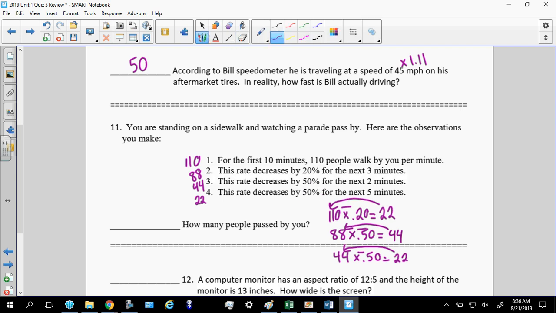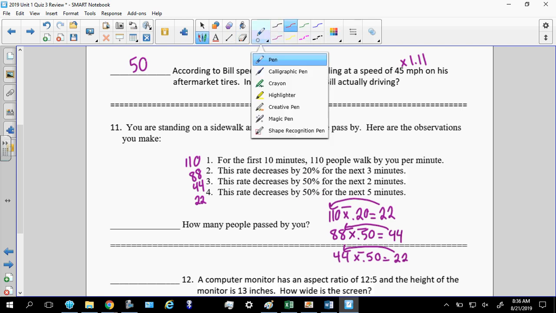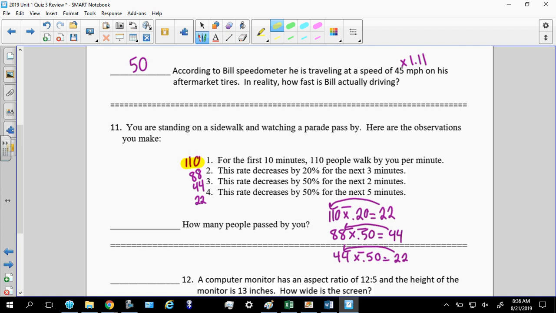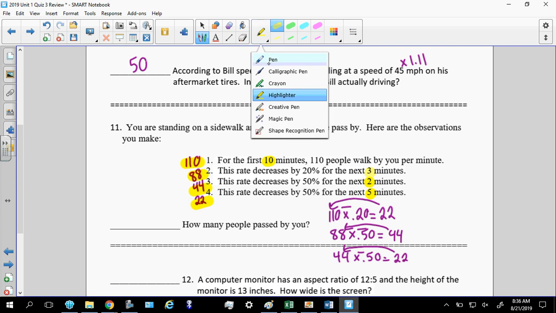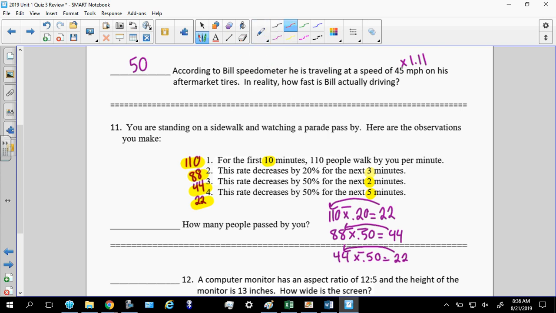I'm going to take 110 times 10, 88 times 3, 44 times 2, and 22 times 5. When I get all those numbers, 1,100, 264, 88, and 110, add them all up, and you get 1,562.